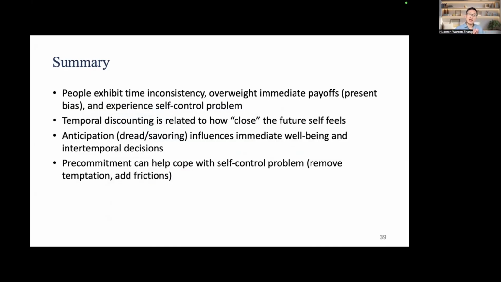We also learned that anticipation of dread or savoring influences immediate well-being and intertemporal decision-making. Pre-commitment can help cope with self-control problems. There are two ways to employ this strategy. One is to remove the temptation. The other is to add frictions so that it's not easy for you to act on the temptation.